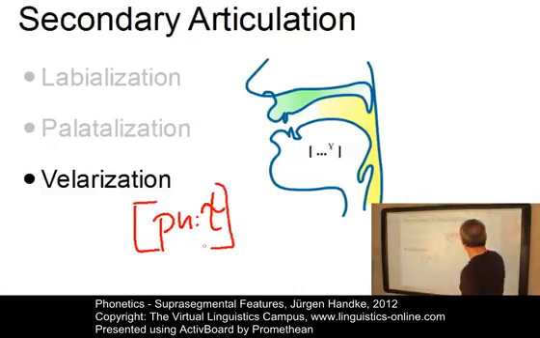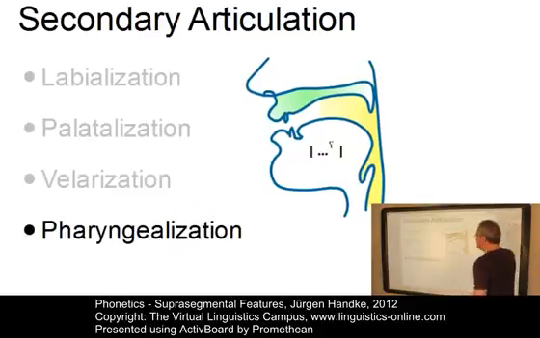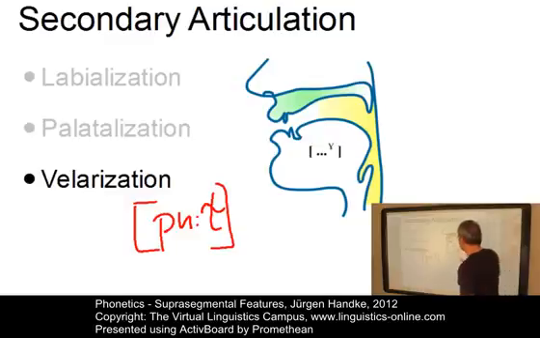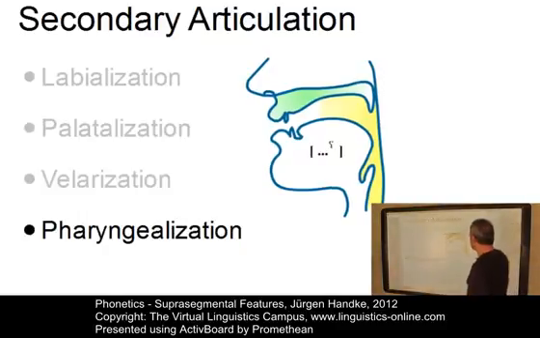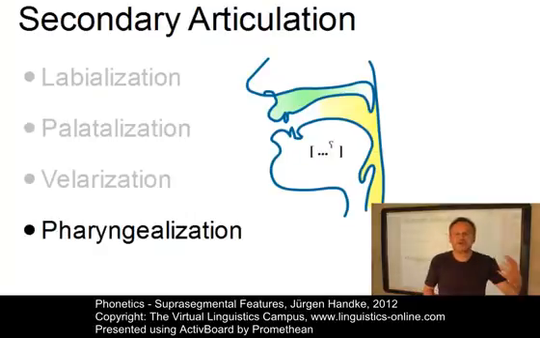Now finally we have pharyngealization. Sorry, I forgot to imitate velarization with a high tongue in the back. This is about how it sounds. And finally we have pharyngealization. Now pharyngealization is the superimposition of a narrowing of the pharynx.